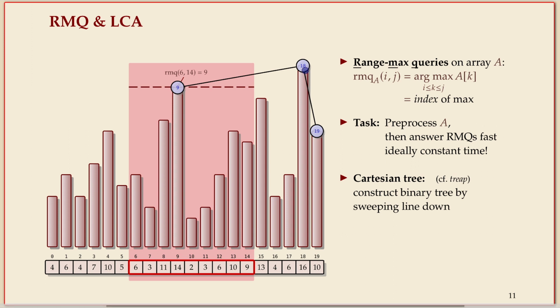So the global maximum divides the array in a left and in a right half, and then we'll build a Cartesian tree recursively on these two segments. And their roots will become the children of the global root. That's what we did here. The global maximum is the overall root. And from the left half, this was the tallest, so this becomes the next root.